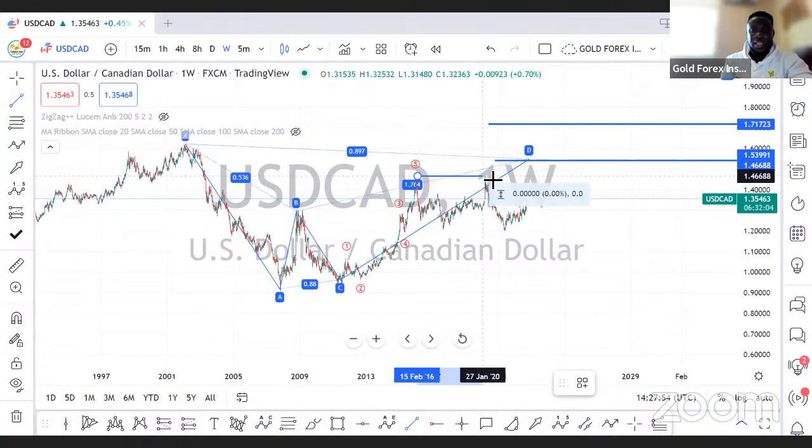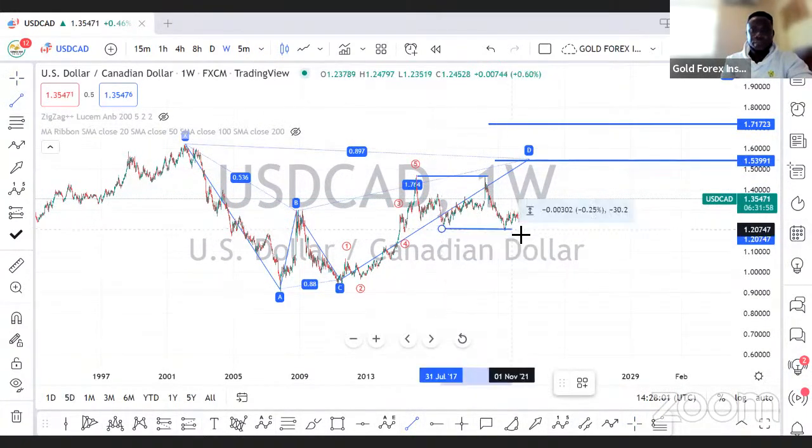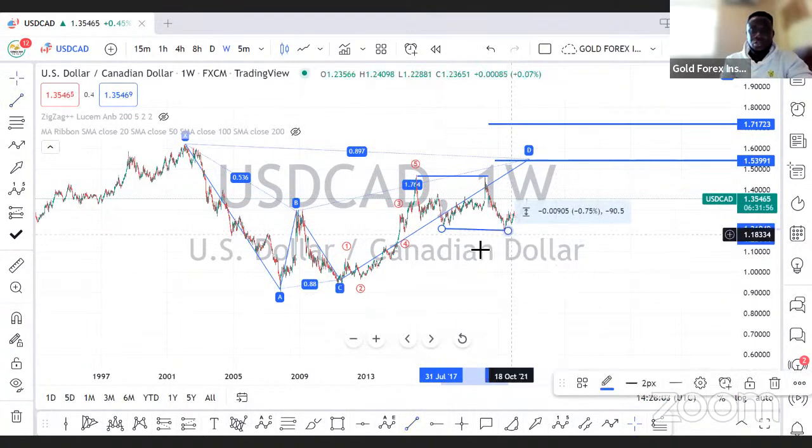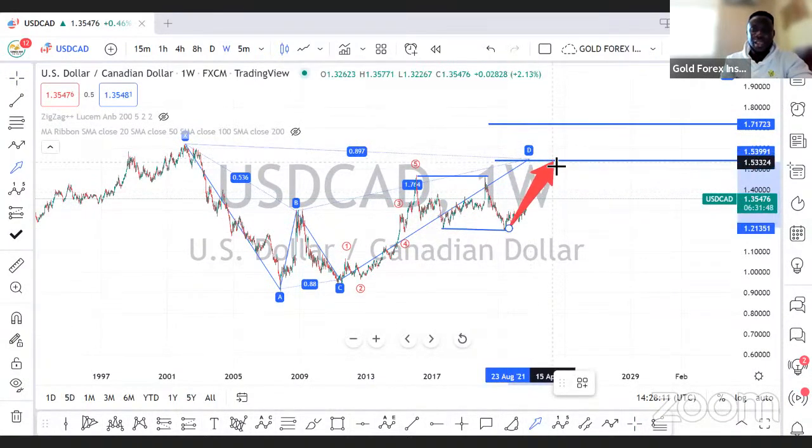So this is a regular flat correction. Once we have a flat correction, we are going to have an upward move. So I'm still expecting USD CAD to go all the way here, or it should get to this level on the weekly time frame.